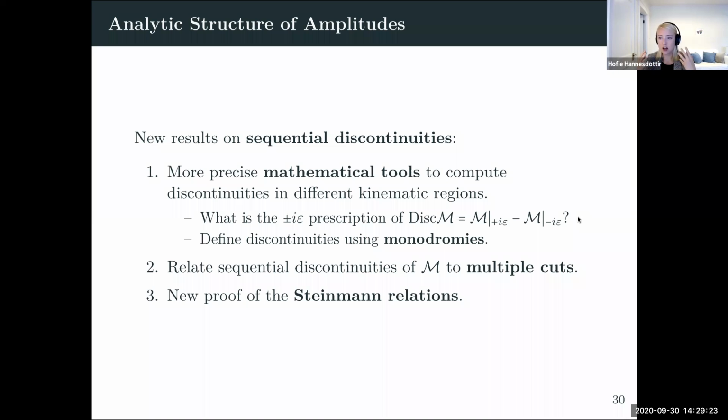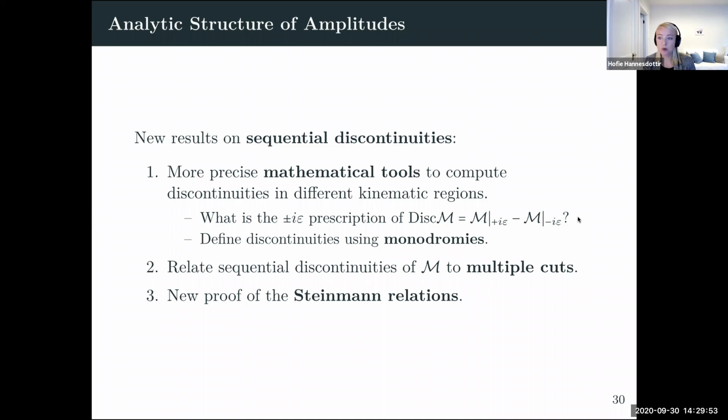It's not a function in the full complex plane. So we actually had to redefine what we mean by discontinuities. And the way to do that is to use monodromies. So we analytically continue the function, not just in the complex plane, but we find these discontinuities by doing analytic continuation around singularities. And then we related these sequential discontinuities to multiple cuts through the corresponding Feynman diagrams.